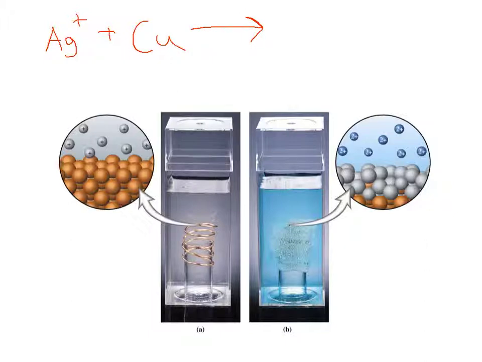Alright, and as time goes by, we go over to the right hand side and we can see that something's happened in here. Specifically, we see a little switcheroo. That is to say, these silvers, which were over here in an ionized form, are now solid metal. So that means no longer is the silver ionized.